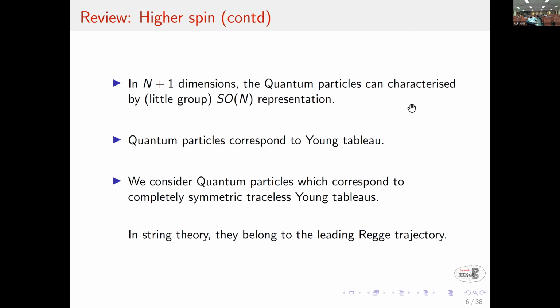In this talk, and that's related to the question you asked at the beginning, we consider quantum particles which correspond to the completely symmetric traceless Young tableaux. This is everything in 3+1, but only part of the story in higher dimensions. And if you are coming from a string theory background, this corresponds to the particles on the leading Regge trajectory in string theory.